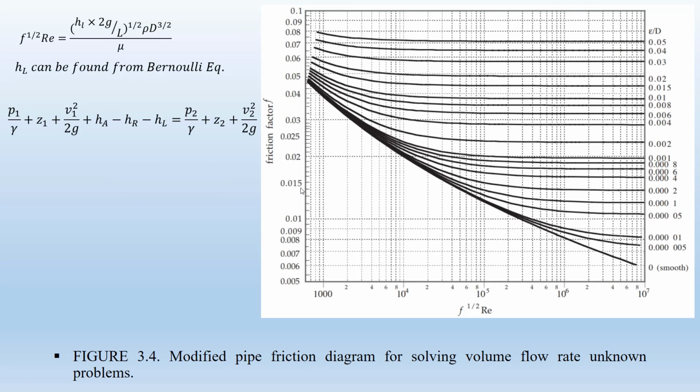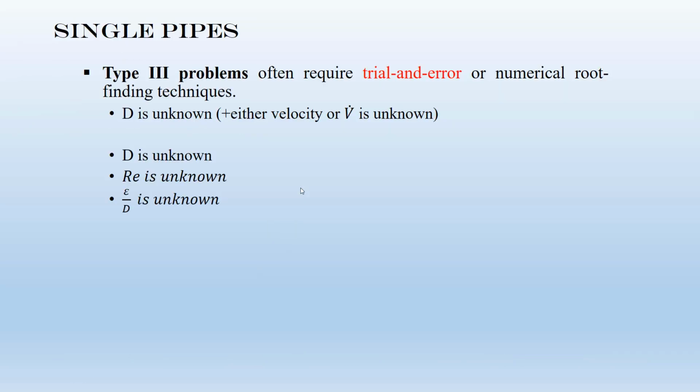To solve the type 2 problem, you have two options. You can use the trial and error method, or you can use this figure 3.4 to find the friction factor, and then by having the friction factor, you can find the velocities.